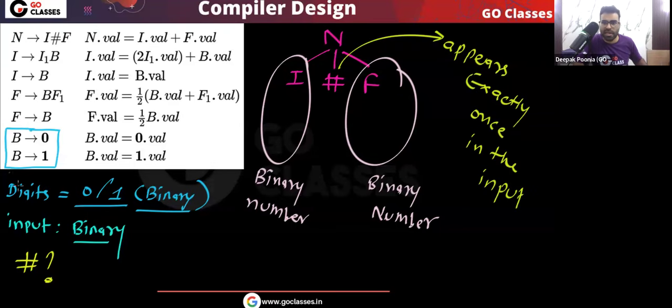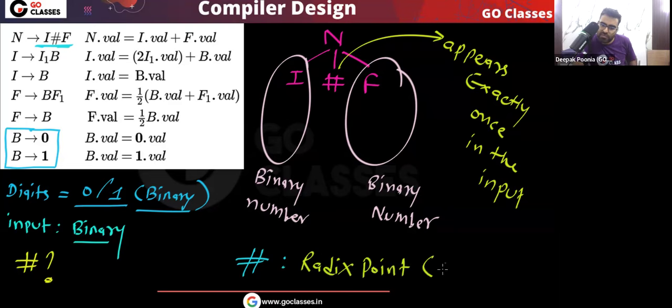Let me tell you, this hash is basically your decimal point, or I can say binary point or radix point. So basically this is your radix point.